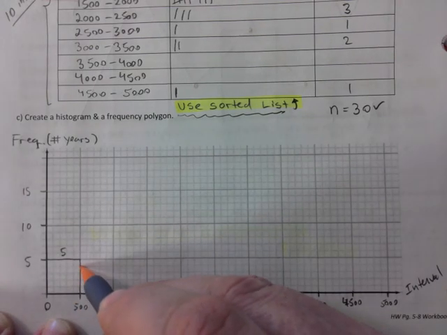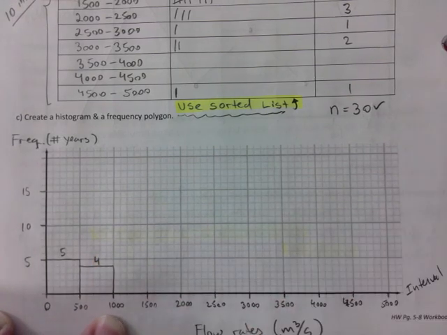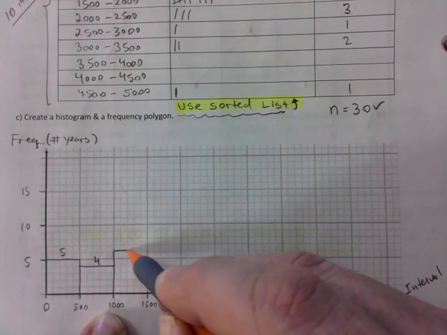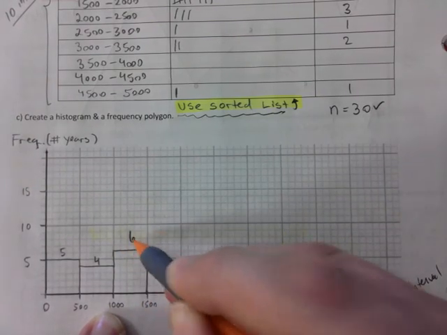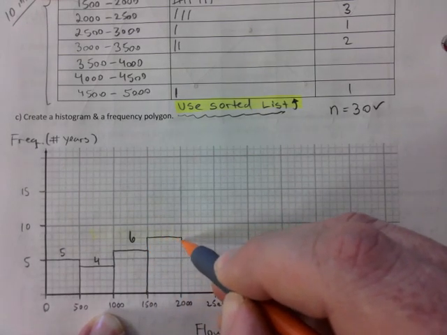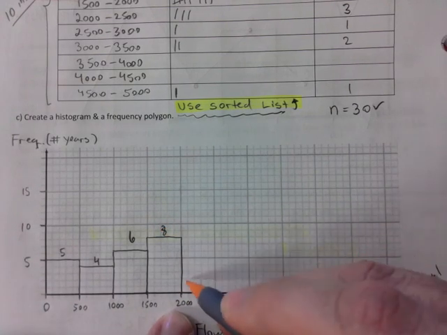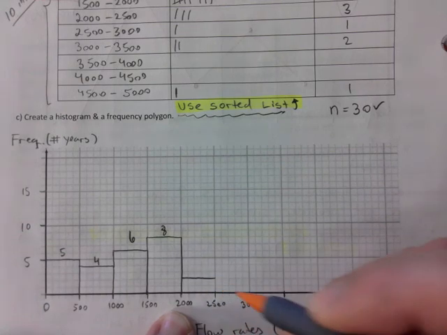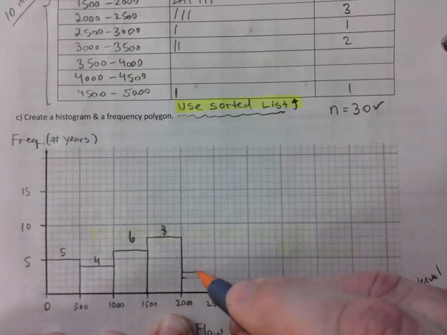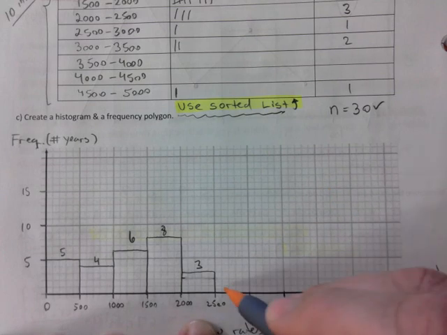Then I have 4 the next, right? 4 years, I had a flow rate between 500 and 1,000. Then I had 6. Then I had 8. Three. Oh, that's not 3. That's 2. There we go. 3. And 1.